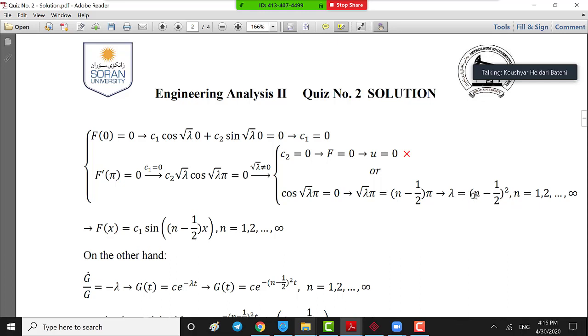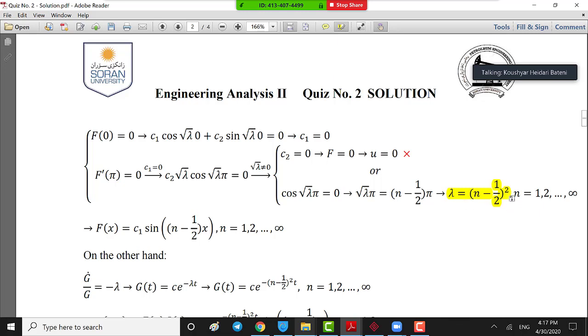Now, this is the general. In the general case, we saw that lambda for the 1D heat equation type 3 would be n minus 1 over 2 pi over L to the 2. Now, because L is equal to pi and L in the numerator and denominator cancel out, lambda becomes this. This is a verification of the correctness of the result that we found here.